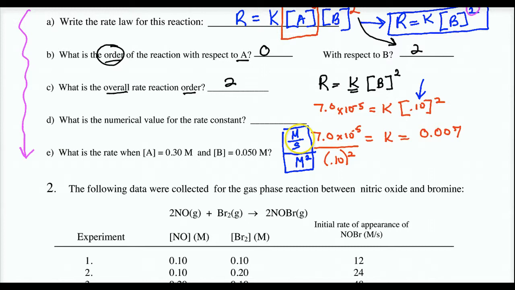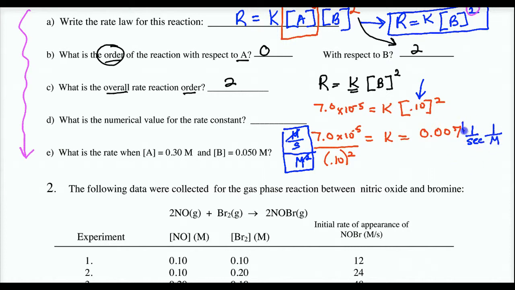Well, molarity over molarity squared means we're going to take this molarity away and this becomes 1. And this s is really the denominator in the numerator is the denominator. So this will work out itself to be 1 over second and 1 over M.